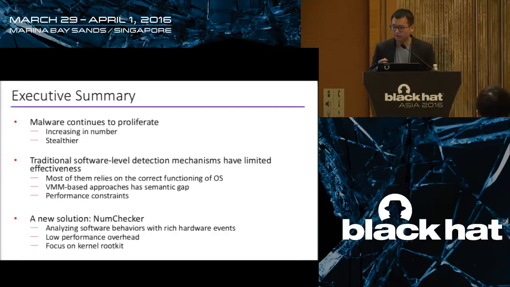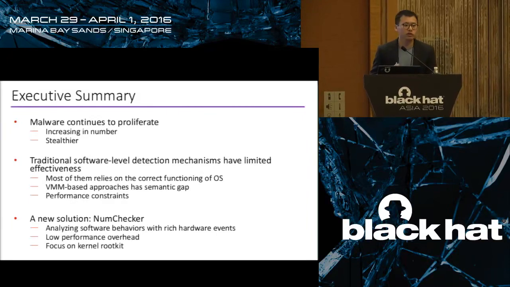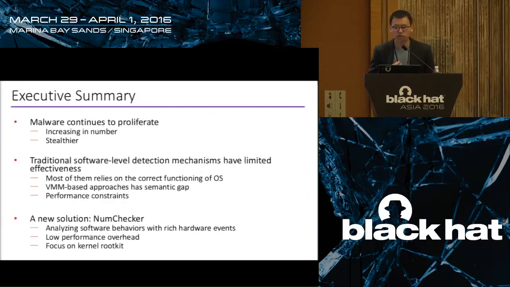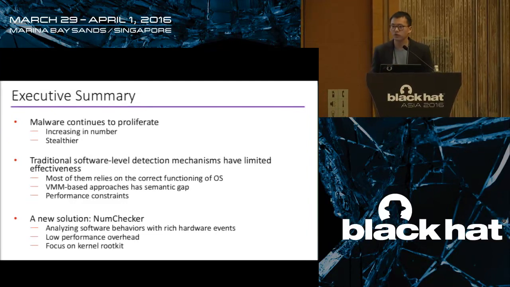Just before I dig into the details of the talk, I want to give everybody a high-level summary of what the research is about and what our solution is trying to solve. As we know, malware development and detection is a cat and mouse game. Malware keeps evolving, and people try to write malware that is more stealthy.